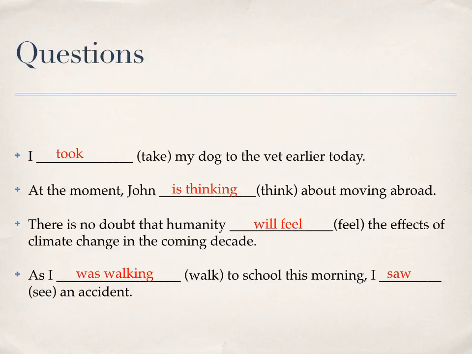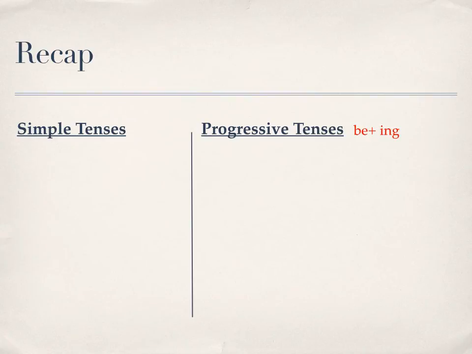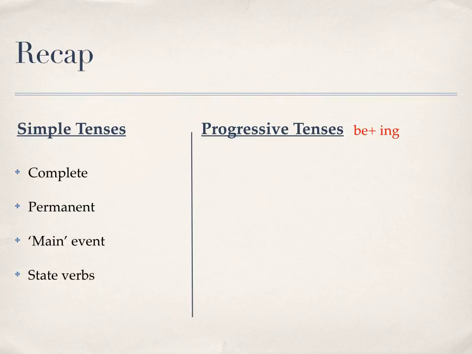Okay, so just a quick recap. We have simple tenses and progressive tenses, and we use simple tenses for complete actions. These are usually seen as permanent or whole. Very often it's the main event in a story, and of course state verbs or stative verbs have to take the simple tenses.